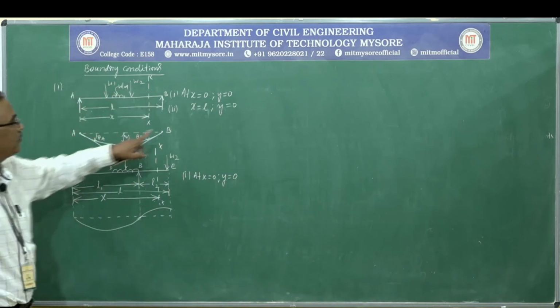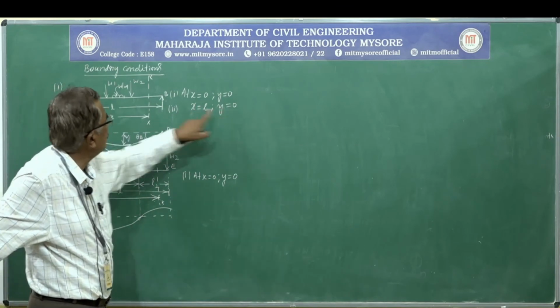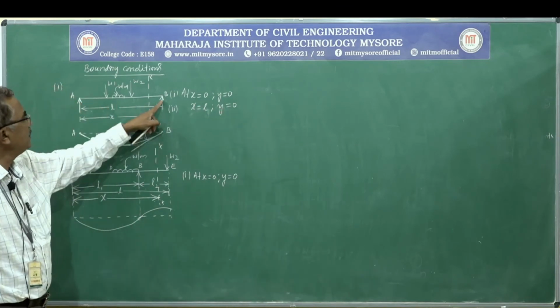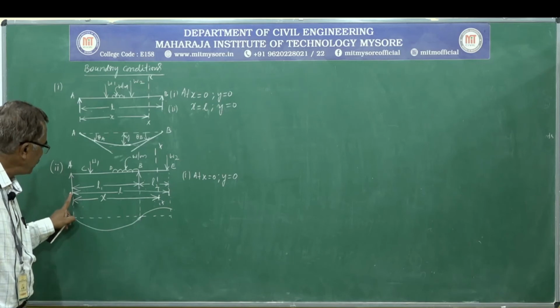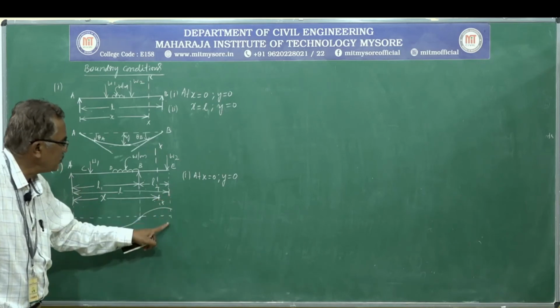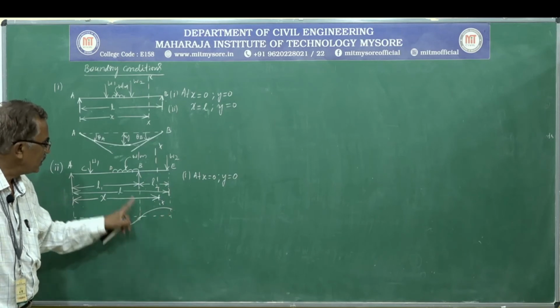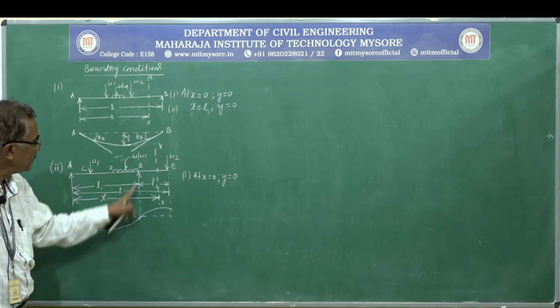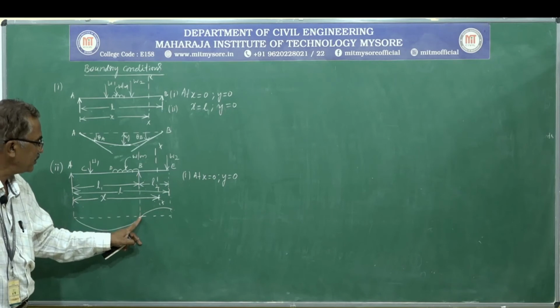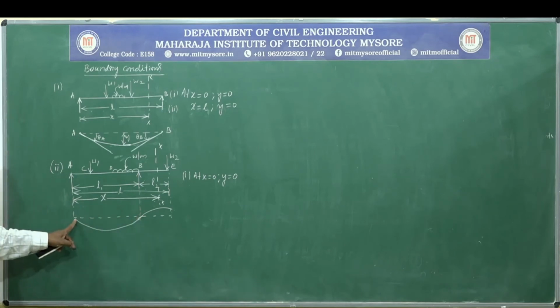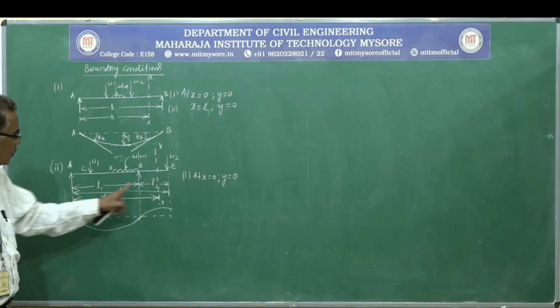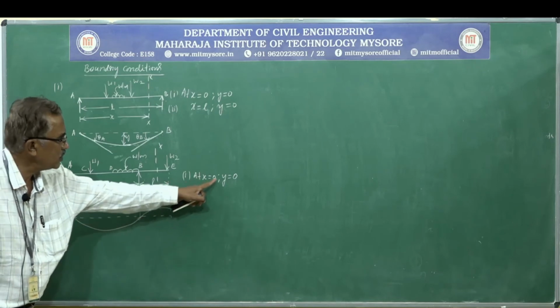But if you put x is equal to L, y is not equal to 0 because there is a displacement. So, where is y 0? At the support y is 0, displacement is 0. Then, the second boundary condition is at x is equal to 0, y is 0.